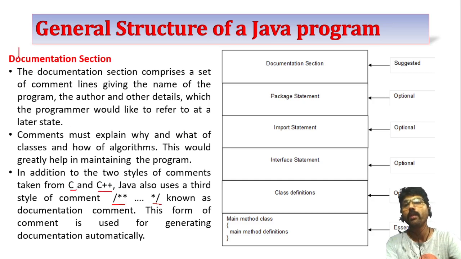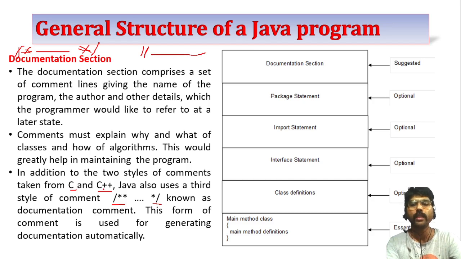C provides a comment like slash star, then I write some comment here, then star slash. This is called a multi-line comment, which is provided by C. A single line comment is available in C++, called double slash. I can write some comment in front of it. So this is called a single line comment, which is taken from C++.